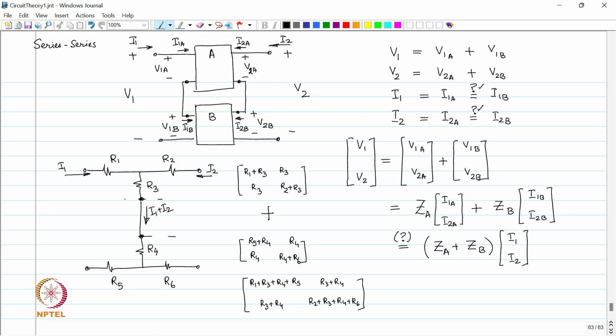This should be my net Z parameters. You want to double check that this is indeed the case, or you are satisfied? It is okay.